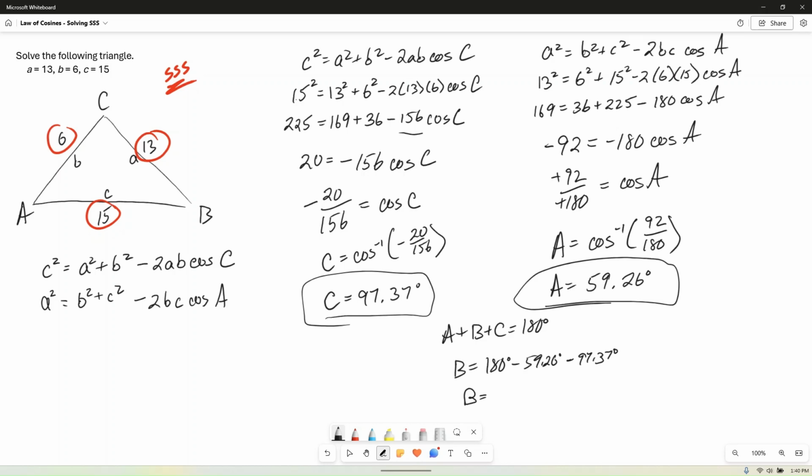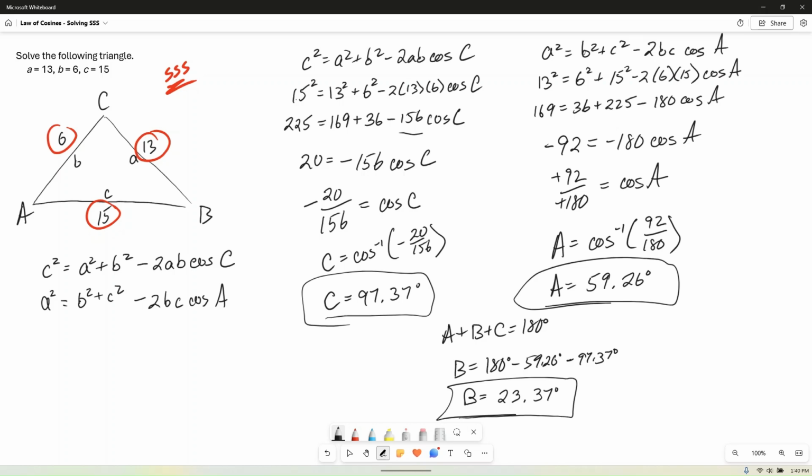Those are the two angles that we just computed. And so if we do that subtraction, 180 minus 59.26 minus 97.37, we should end up with an angle of 23.37 degrees. Okay.